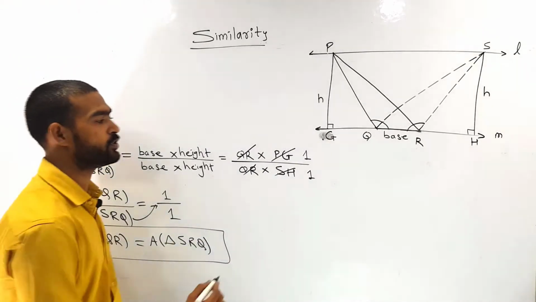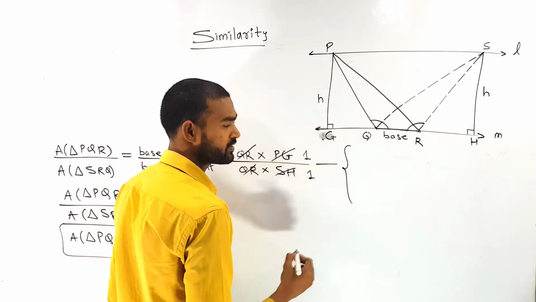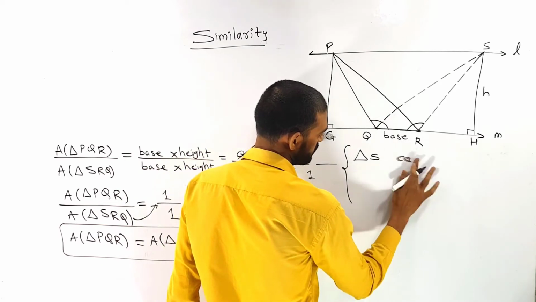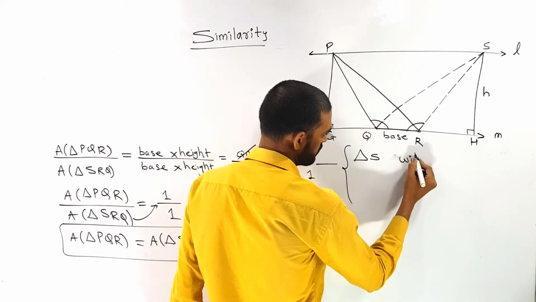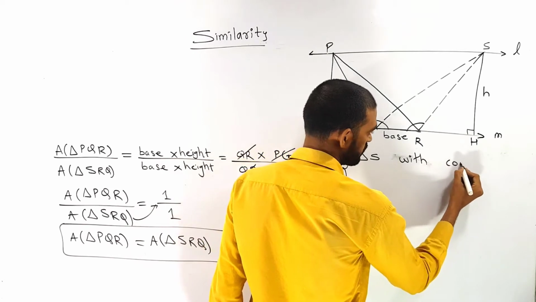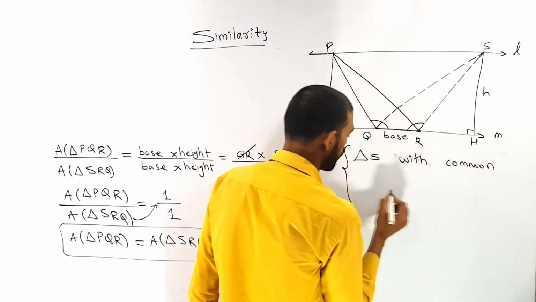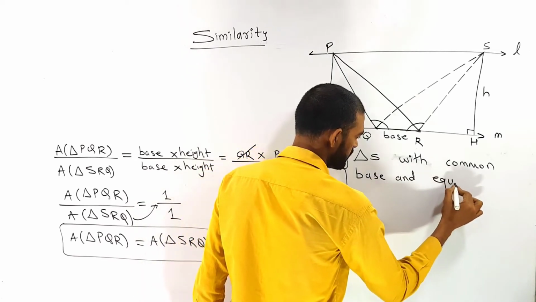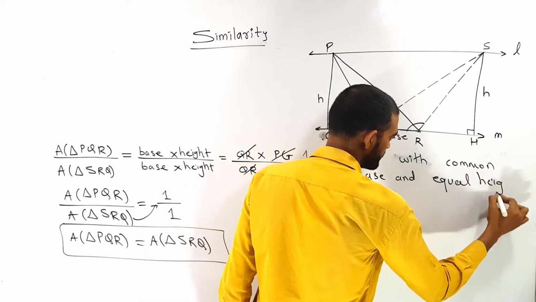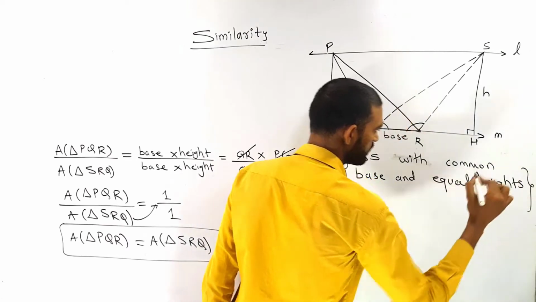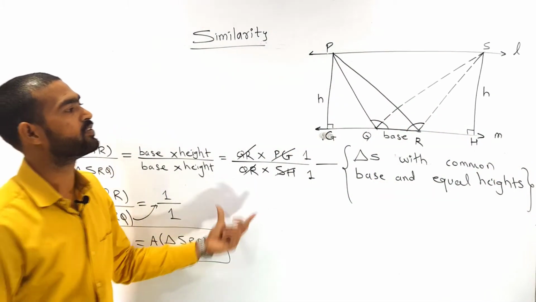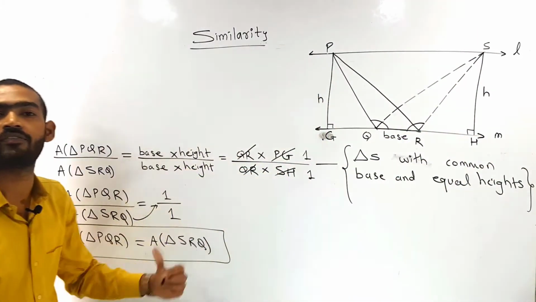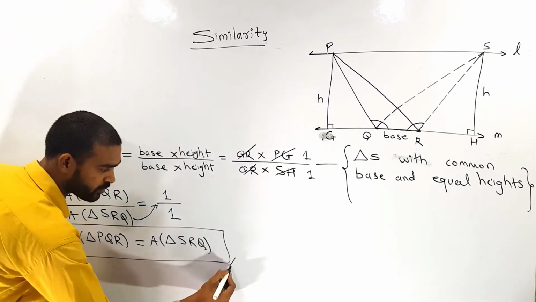So which property have we used? We have used here triangles with common base and equal heights. Here we can see two triangles, both having a common base and equal height. This property we have used here. And what is your final conclusion?